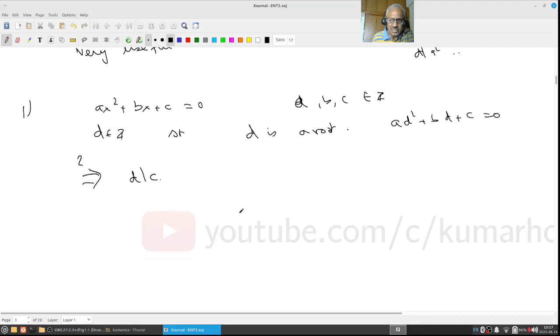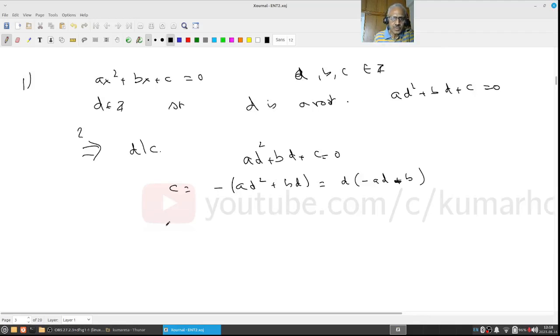But this one is easy, because notice that ad squared plus bd plus c equals 0. That means c equals minus of ad squared plus bd. That is, c equals d times minus ad minus b. Therefore d divides the RHS, and therefore d divides c.